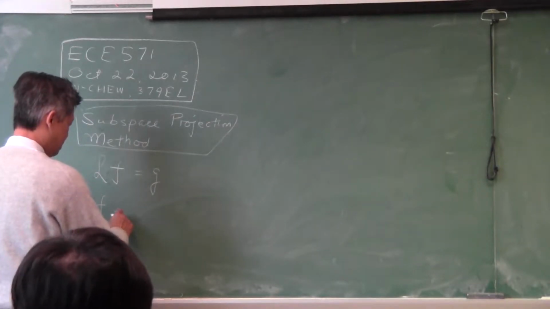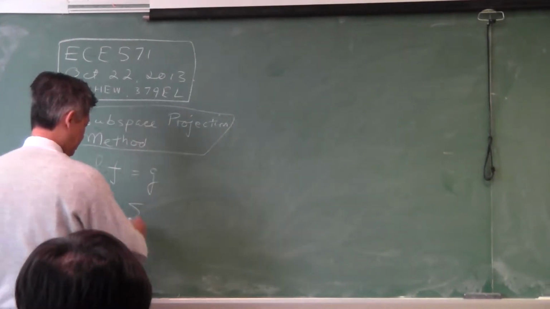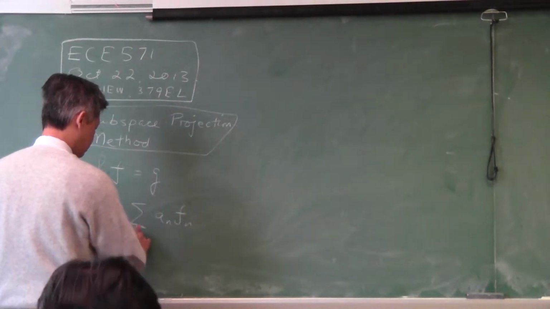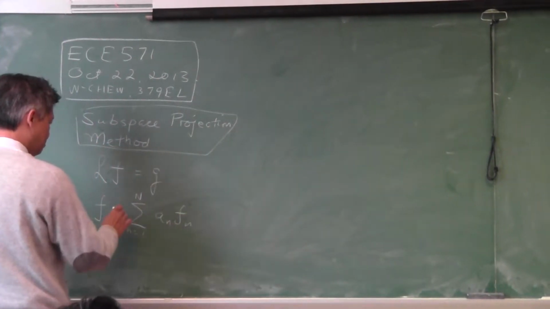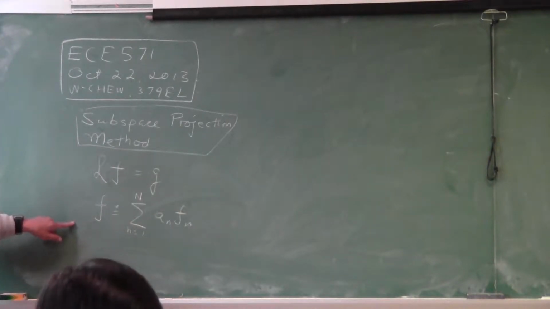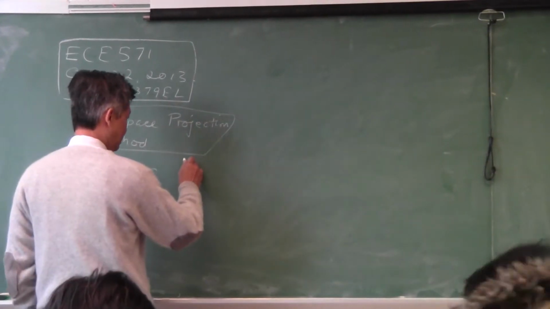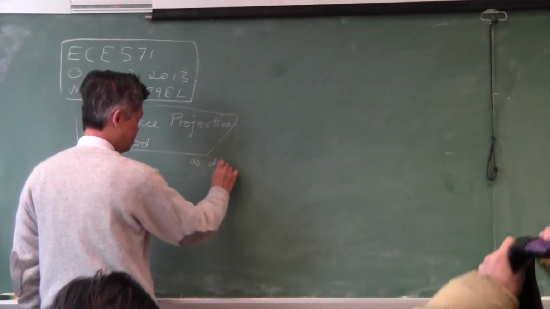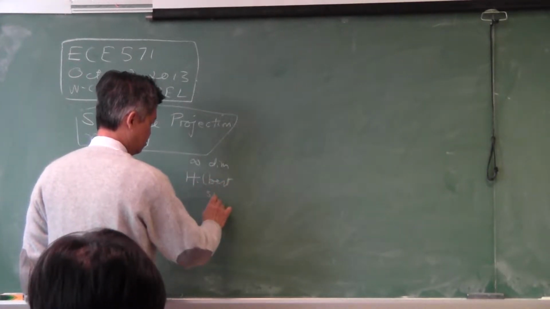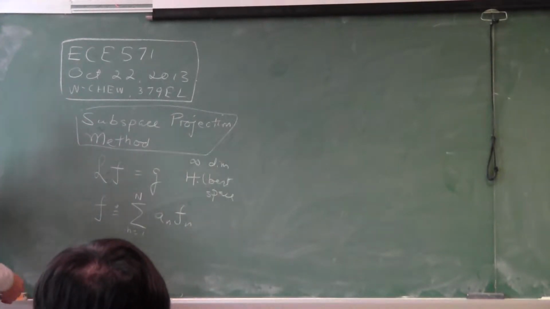One way is to expand, say, this in terms of a basis set. And this is a good approximation to this original function in the infinite dimensional Hilbert space. It's not computable, so we make approximations like this.